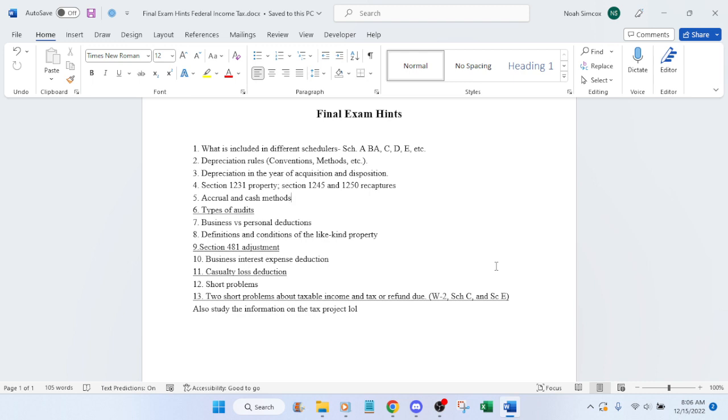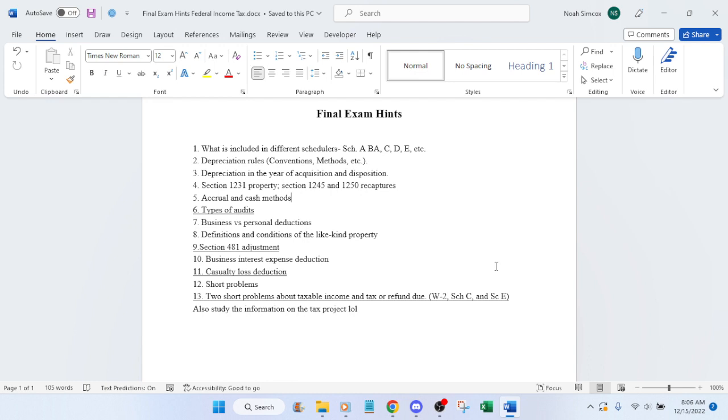I'm just going through it based on the things that I don't remember. But thankfully now I'm good on casualty loss deduction, Section 481 adjustment, and types of audits. And 13 is just too broad of a topic to really study. I tried studying number 13, but it didn't get very far.